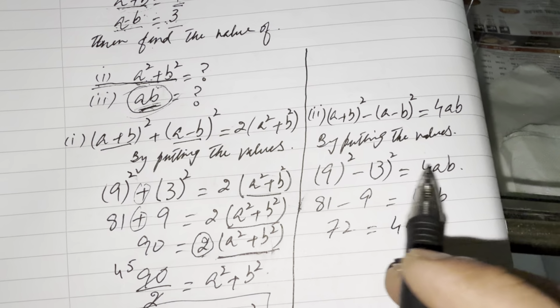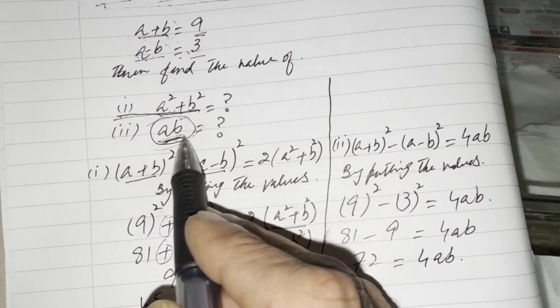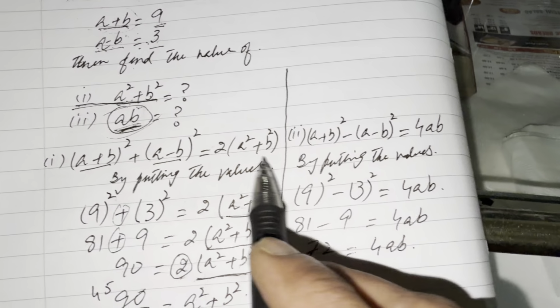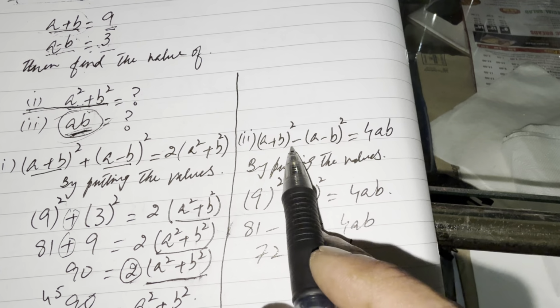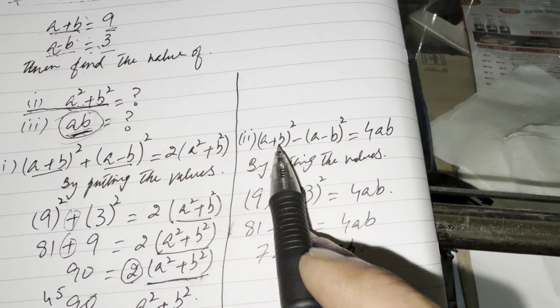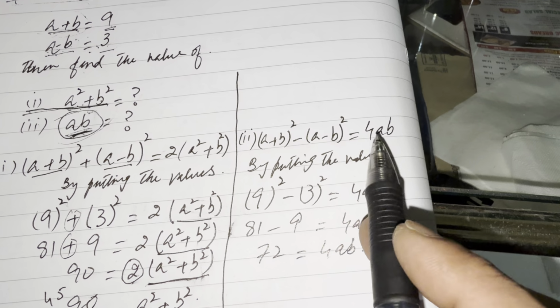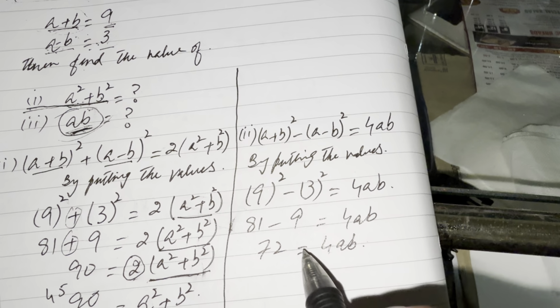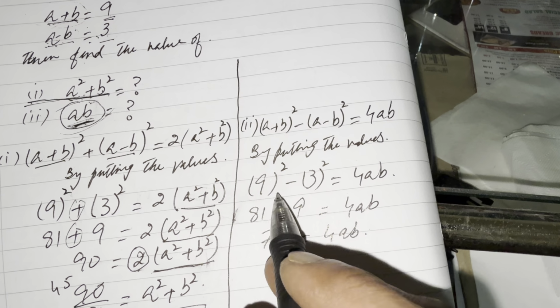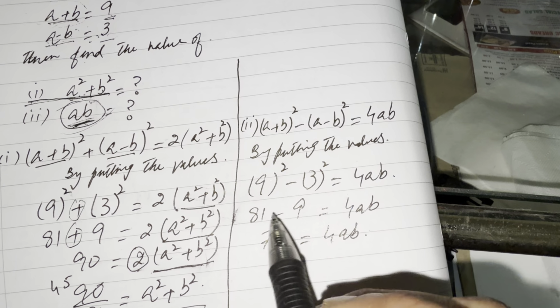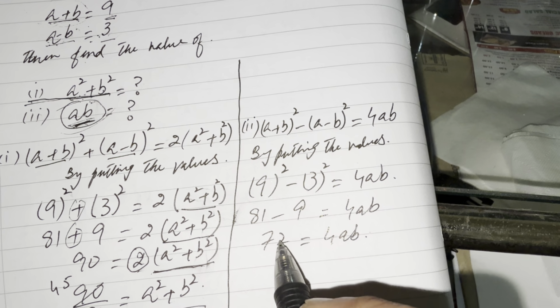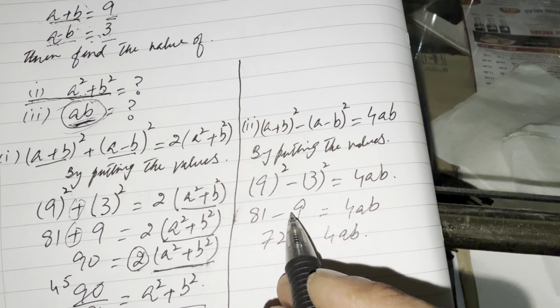What we have to find is the value of ab. That's why we are using this formula where these expressions are subtracting with each other, and 4ab over here. So we have got the answer 72 by subtracting these two values.